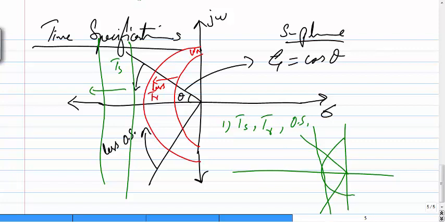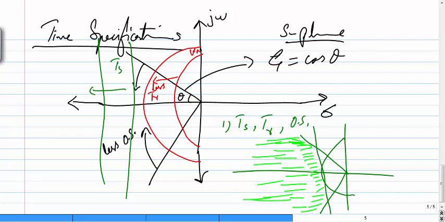So we make an area here, and we want our poles to be placed in that area that can satisfy all the constraints, that is, the specs. If the poles of the original system are placed here, we want them to move in this direction. For that reason, these are the specs that we need to meet when we design a controller. We will look at this in further detail when we discuss control design.